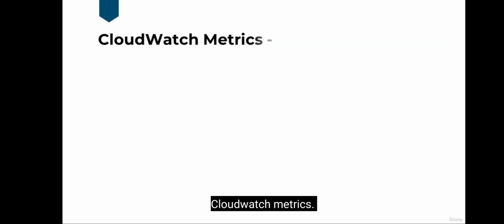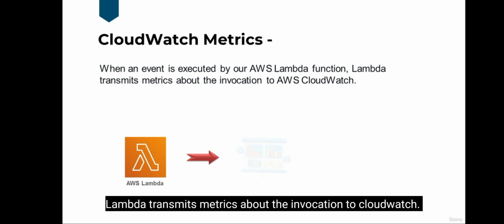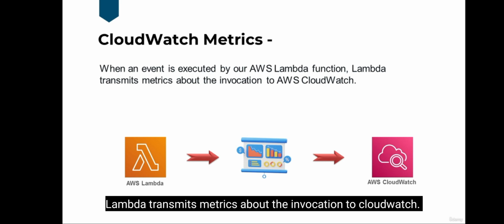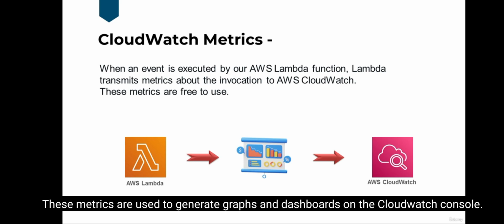CloudWatch metrics. When an event is executed by our AWS Lambda function, Lambda transmits metrics about the invocation to AWS CloudWatch. These metrics are free to use. These metrics are used to generate graphs and dashboards on the CloudWatch console.